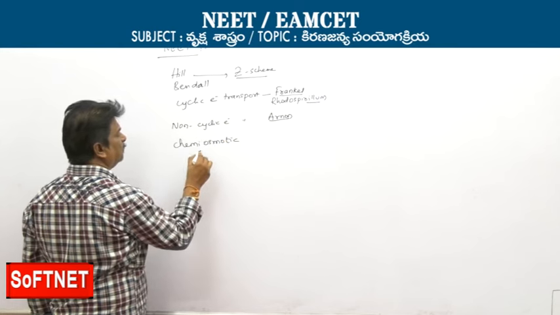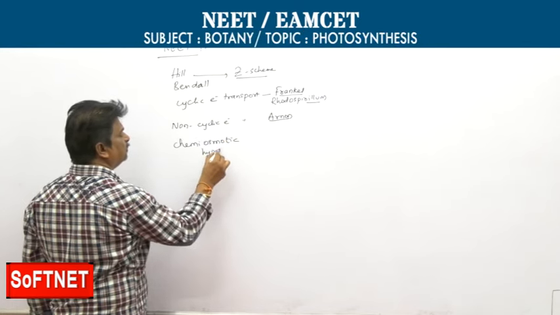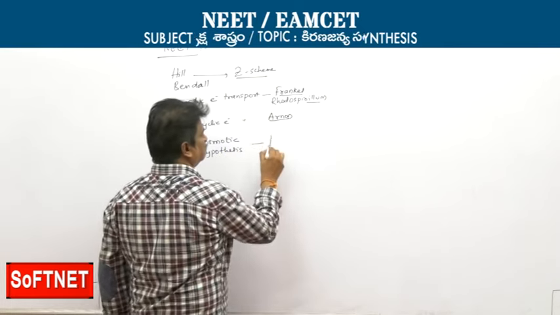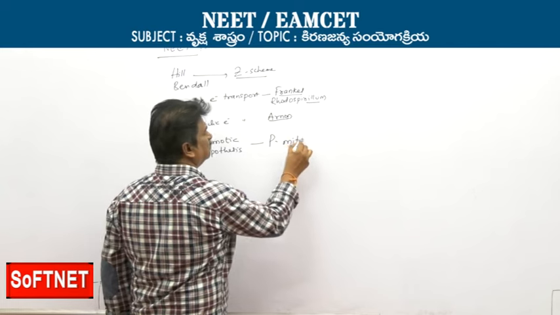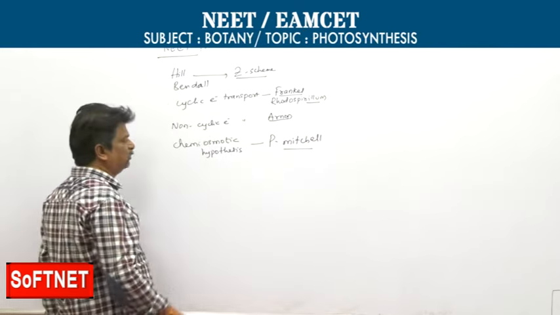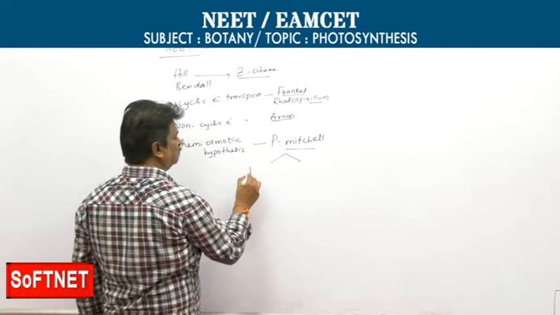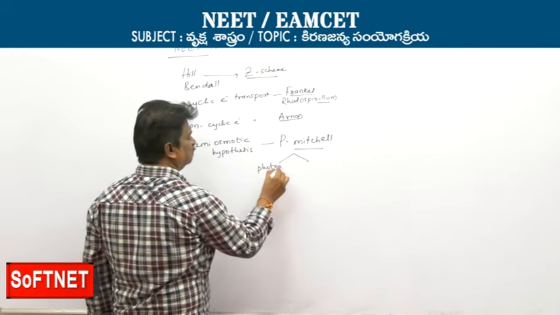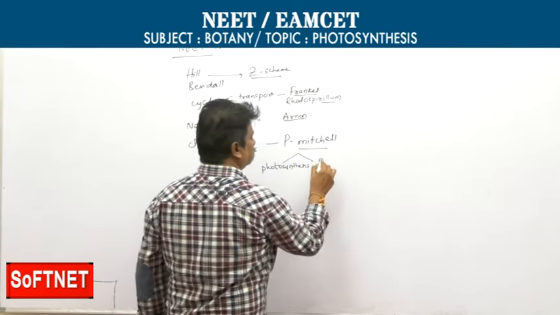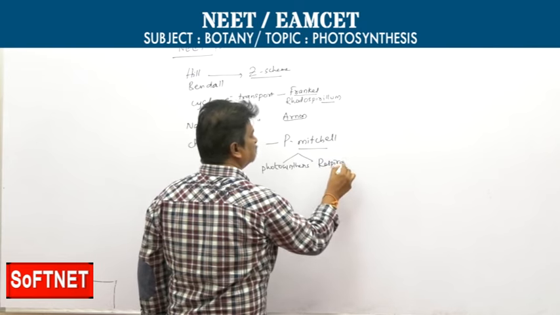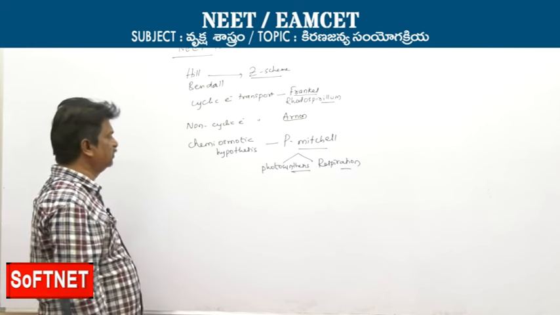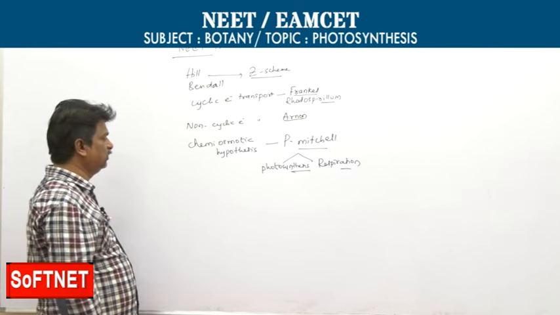Chemiosmotic hypothesis was proposed by Peter Mitchell. It is applicable to both photosynthesis and respiration.